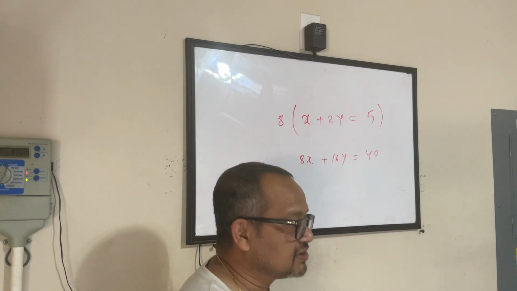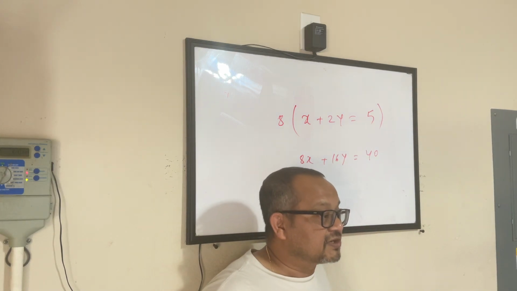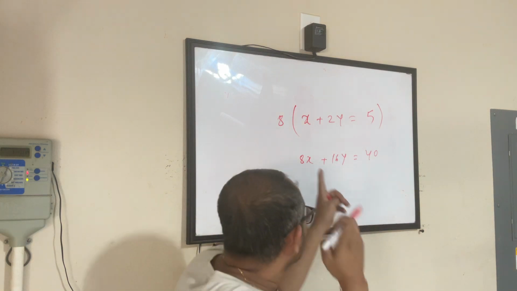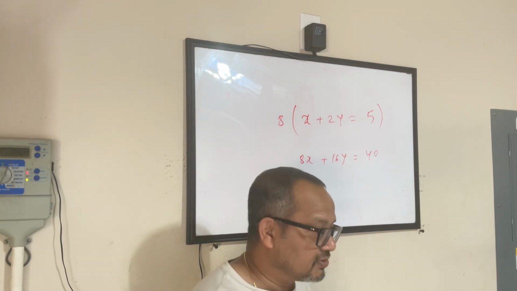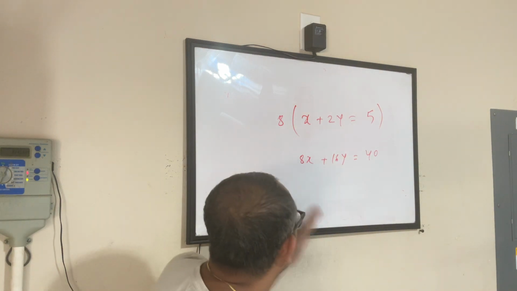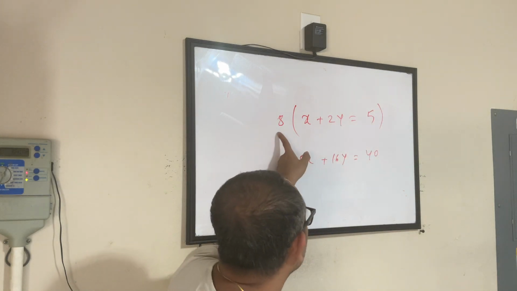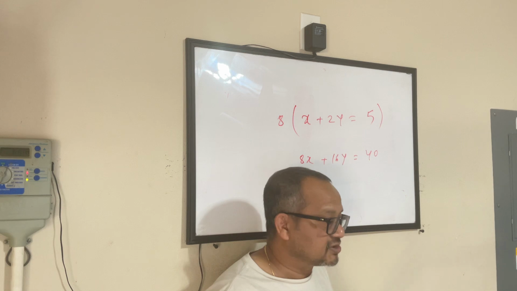This is the same equation actually. You can multiply or divide any equation by a number that you like. Make sure that you're multiplying all the elements of the equation. Don't just multiply one and forget about it. As long as you're multiplying each and every element of an equation with one number, you're good. That's a legitimate operation.